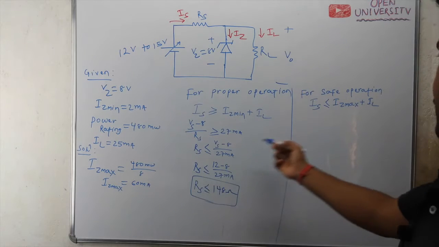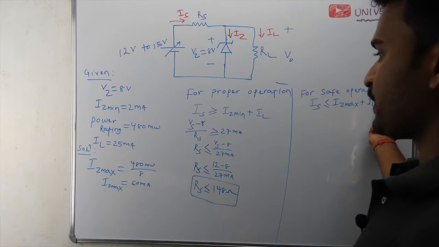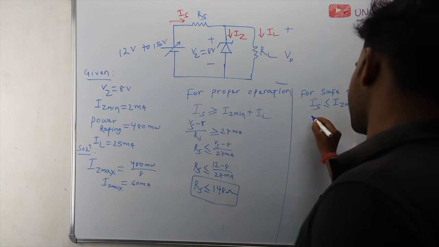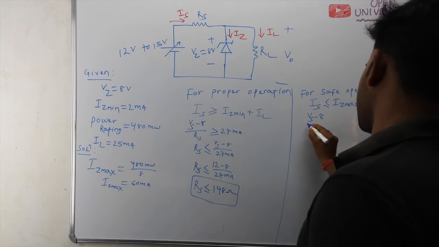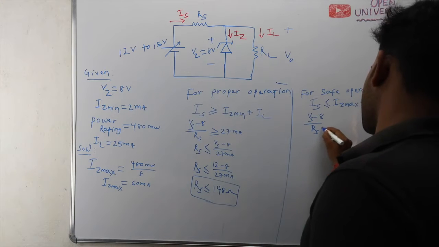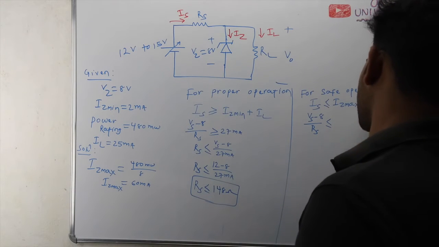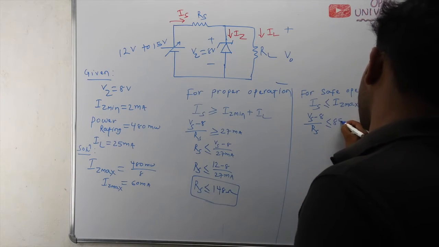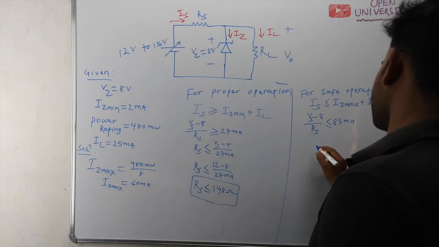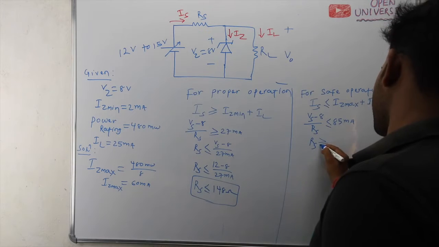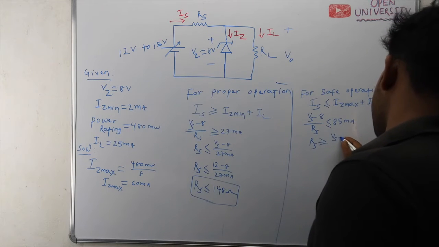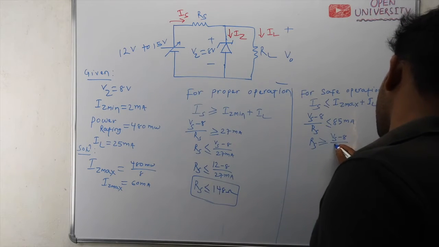IZ max is 60 milliampere and IL is 25 milliampere. So what is IS? IS is VS minus VZ, that is 8, divided by RS, and this has to be less than 60 plus 25, that is 85 milliampere. If you bring RS to this side, then RS has to be greater than or equal to VS minus 8 divided by 85 milliampere.